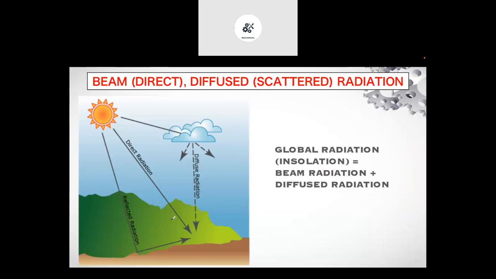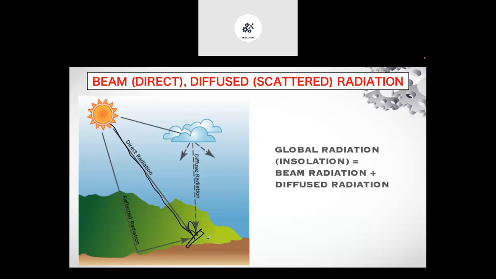Now, generally, the radiation received by the earth's surface is classified into three main types. The first one is direct radiation. Consider there is a surface for which we have to study how much solar radiation it receives.